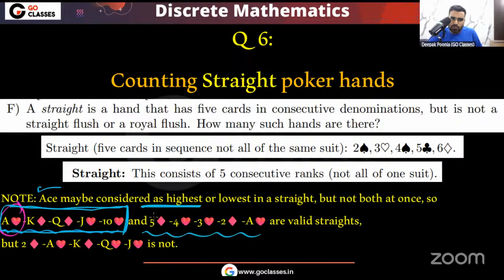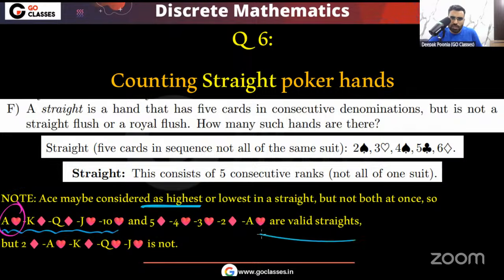In this example also we have 5 cards, diamond also, heart also. So not all cards have the same suit. And here ace is considered as the lowest rank. Basically ace, 2, 3, 4, 5. In this example ace is considered as the lowest rank, and in the previous example ace is considered as the highest rank. Both are valid.